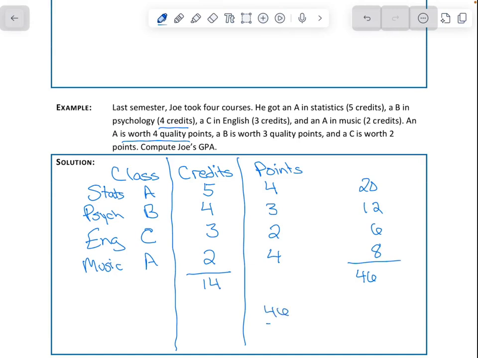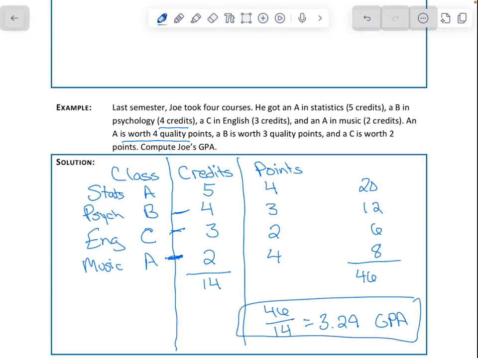So 46 divided by 14 gives him a 3.29 GPA. So even though he made an A in 2 of the classes, this A didn't count as much as this C or even this B that brought his grade a little down. So that's how a GPA is calculated in college.